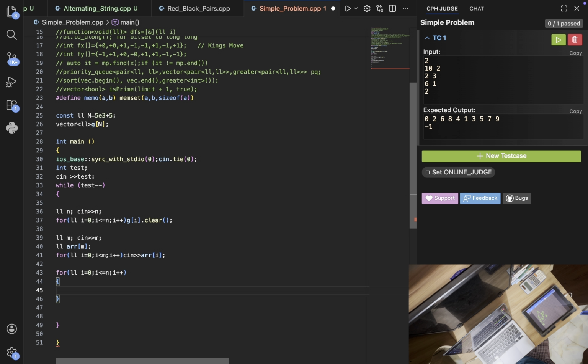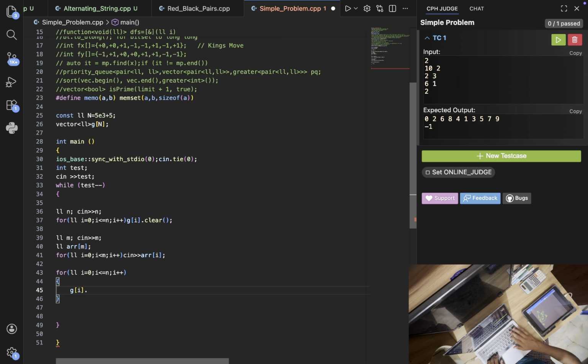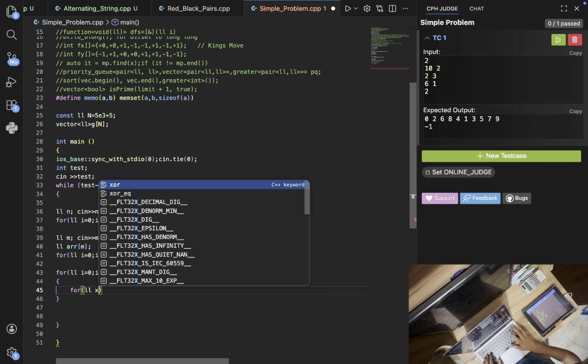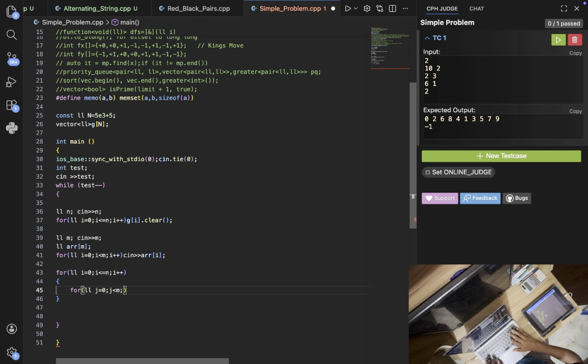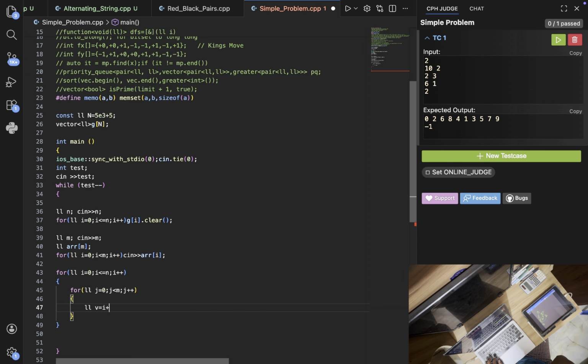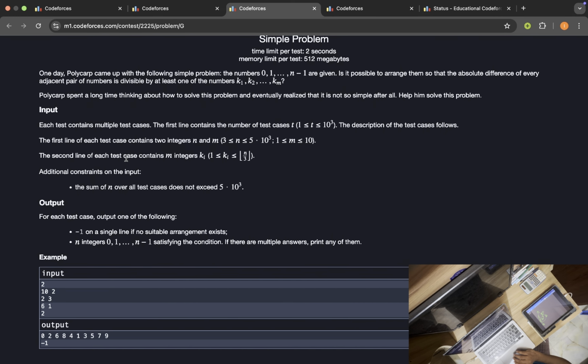So for 0, I'm gonna put that. Divisible by K2. Divisible by K2.